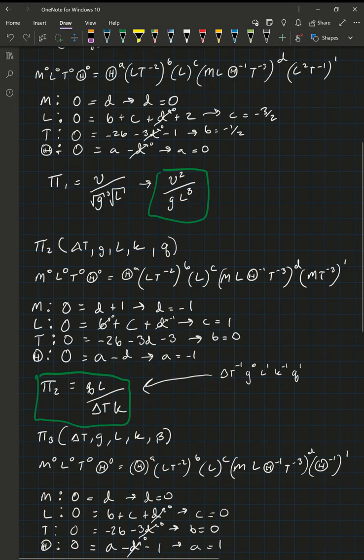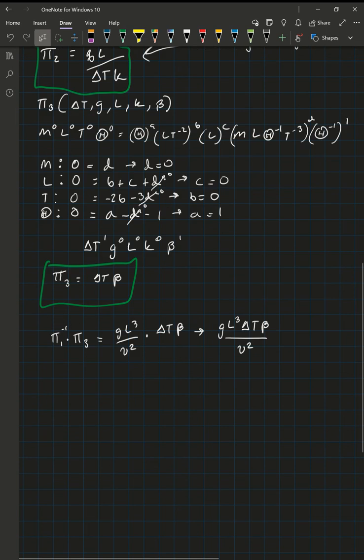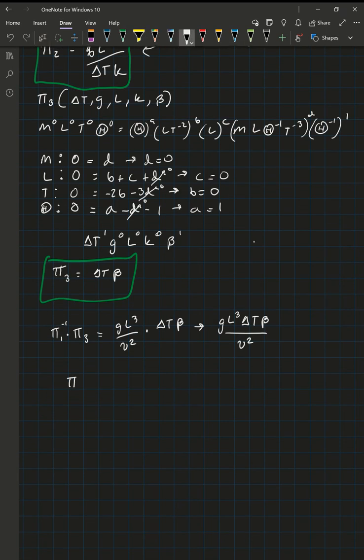And the only pi group that contains q in it is pi group 2. So what we're saying is that pi group 2 is a function of pi 1 and pi group 3, which we have now decided to represent as a function of the product of 1 times 3.